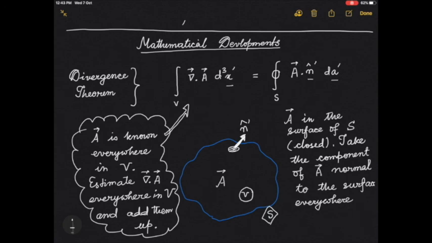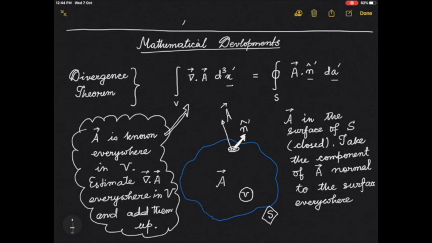So you see, whenever I have written a prime, this prime essentially means that this is integrated over. So if I am at this local point, my A vector at this point can be going in any direction. All I have to do is take the projection of A along that local normal. So that is A dot n cap, right?